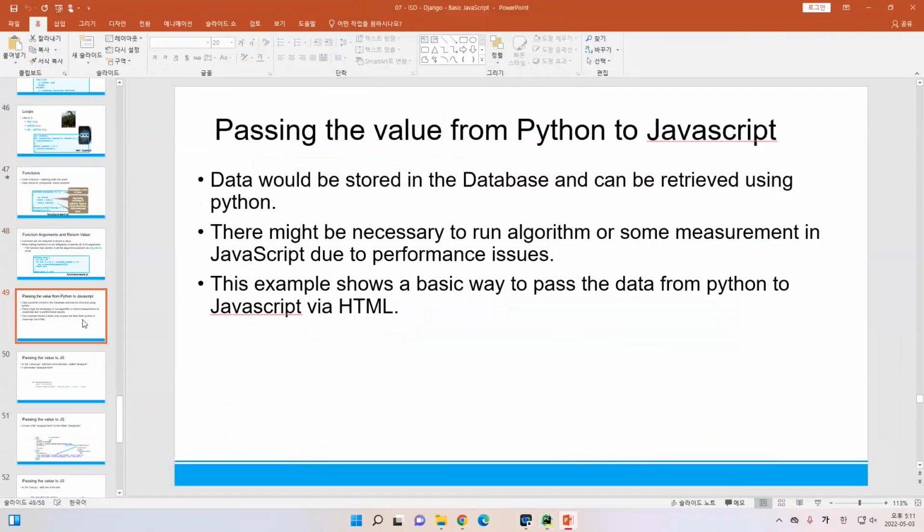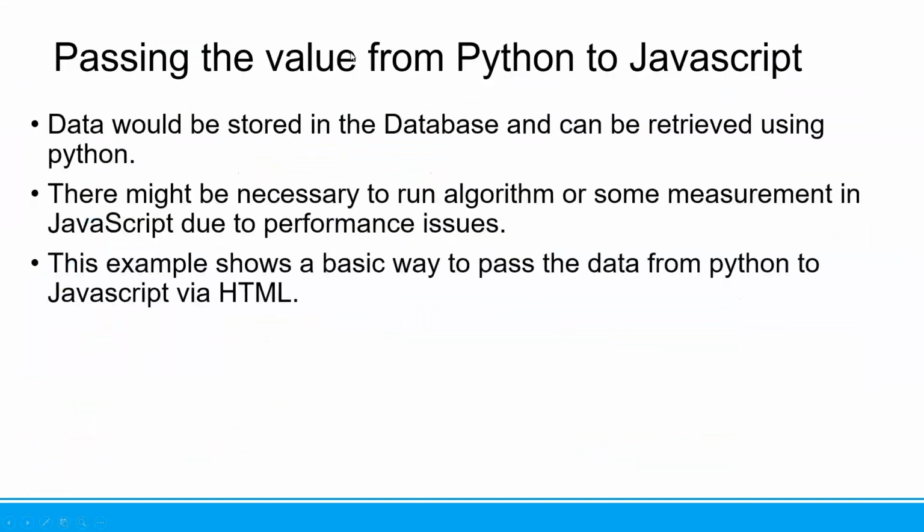Now, we need to understand also how we can pass the value. Let's say I have Python code, and then I want to pass it into JavaScript. There are some ways of how to pass the value from Python to JavaScript.